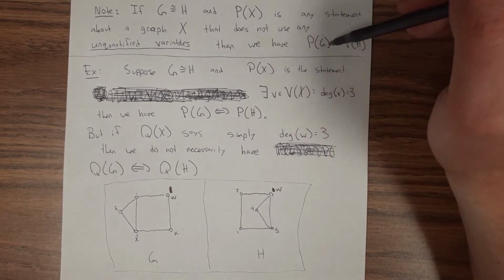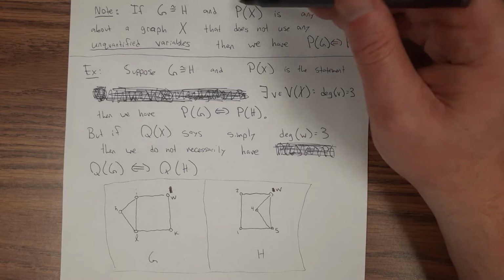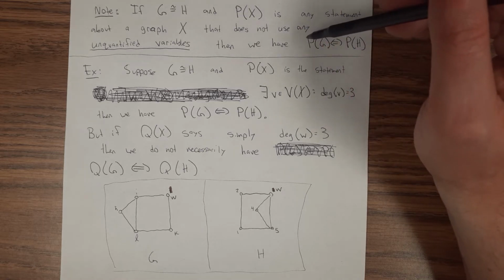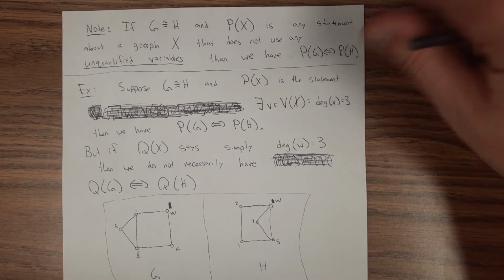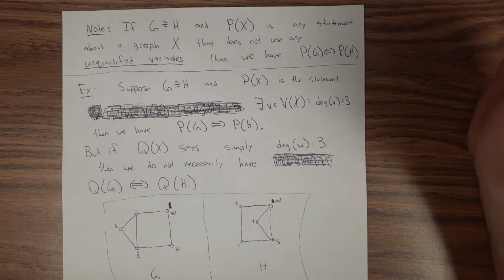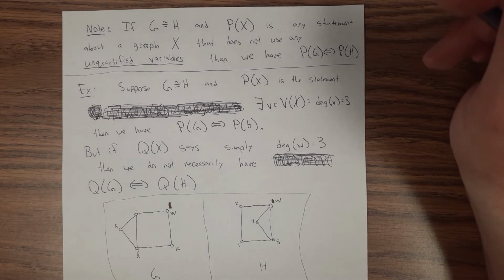And I'm not going to prove this, but it's true. This fact is also not strictly in the book, but it's true. You can use it to attack these types of problems.